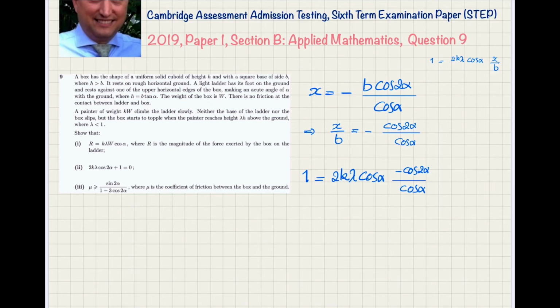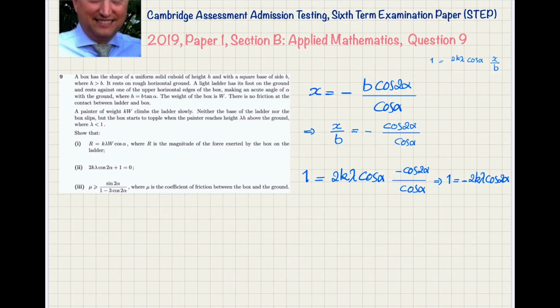Now you see that this cosine alpha and that cosine alpha cancel. So what is left on the left is 1. On the right hand side I will have negative 2k lambda cosine 2 alpha.